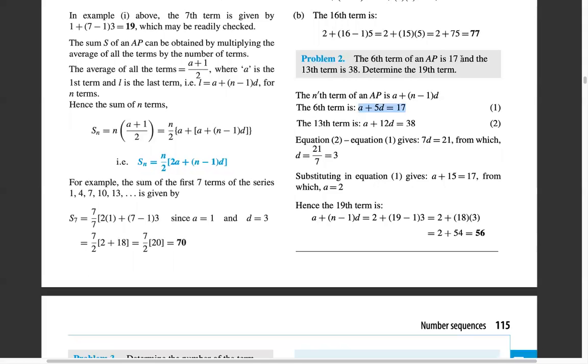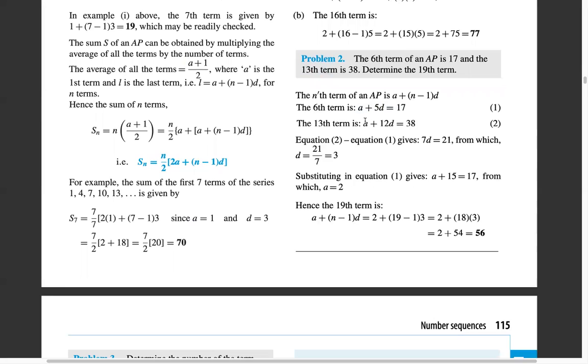And this other information means a13 is 38, so a plus 12d equals 38. You all recognize what this looks like? For this arithmetic progression, they never told you what the first term was or what the common difference is. So you have to find out a and d.